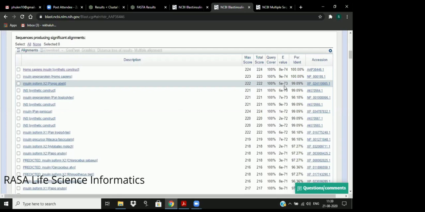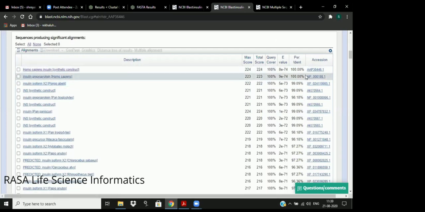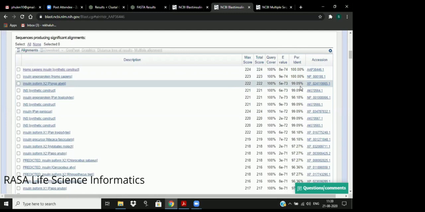Percentage identity: how many amino acids are identical, in percentage. Accession is basically the IDs. If you see that the third result is very important for you and you can extrapolate the data from there, then you can use the accession and read the data of the accession given to you, and extrapolate it for your query based on the alignment.